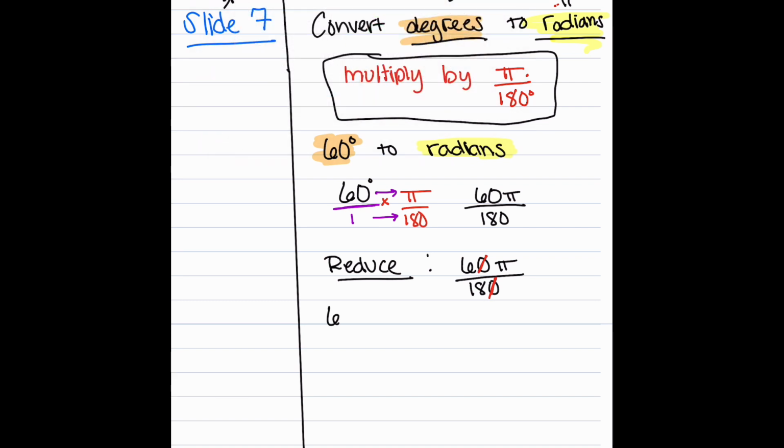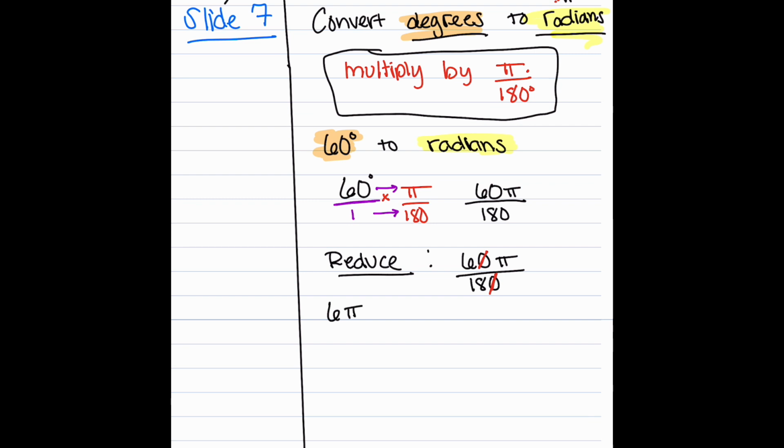And then you keep the pi, over 18. If you're confused as to what I did there, technically my first reduction was dividing by 10. 60 divided by 10 is 6. 180 divided by 10 is 18.